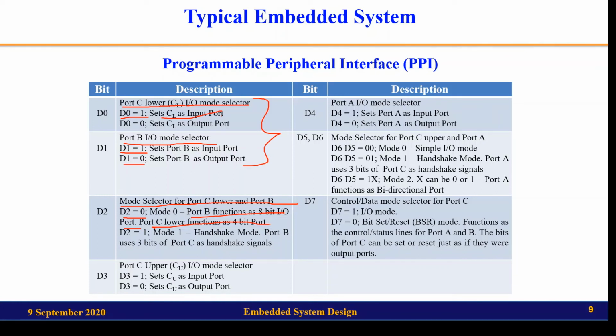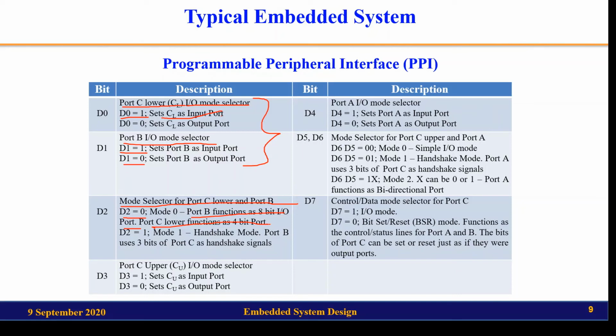Like the handshake mode we have seen in D2, port A is considered as an 8-bit port itself, but 3 bits of port C are considered as handshake signals for this port A IO pins. And next we have D6, D5 equal to 1x, where 1x can be 1, 0 or 1, 1, and that is called mode 2.